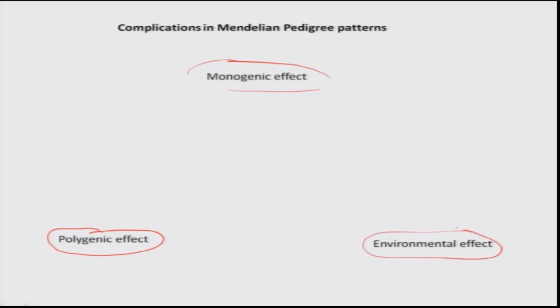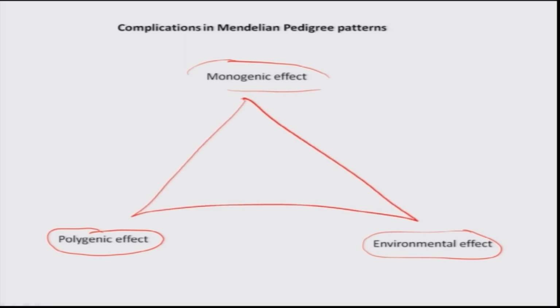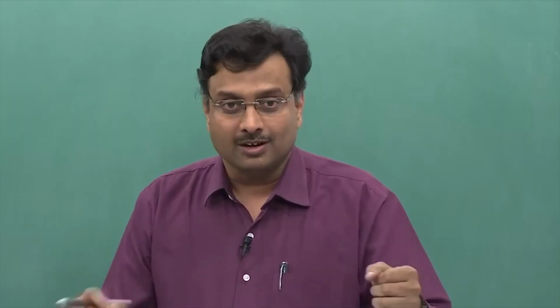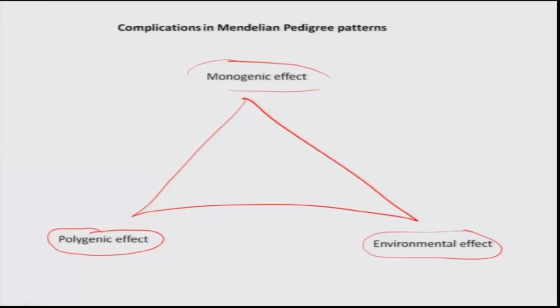What we understand now is that we can put a triangle connecting these three elements, single gene defects, multiple gene defects, or environmental effect, and any phenotype you look at can be placed somewhere in the triangle. Hand clasping, with your left thumb over the right, is probably monogenic because you can trace it in the family. Hemophilia, which we discussed, is monogenic.